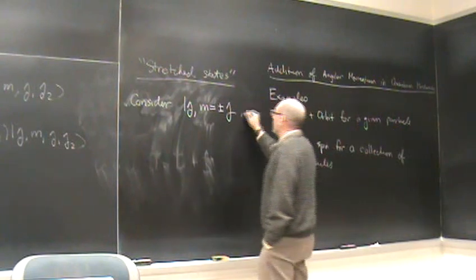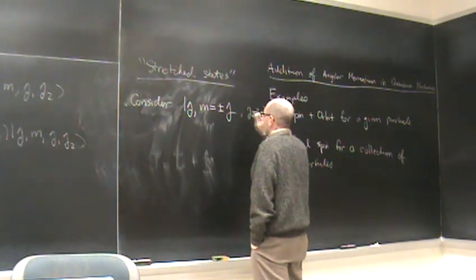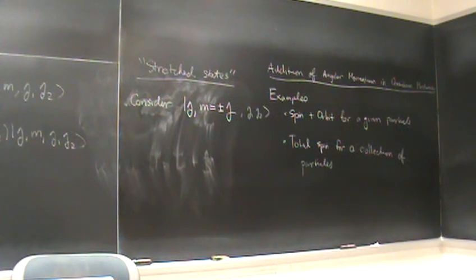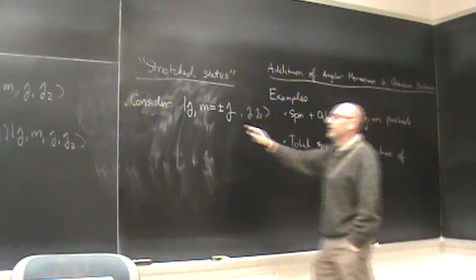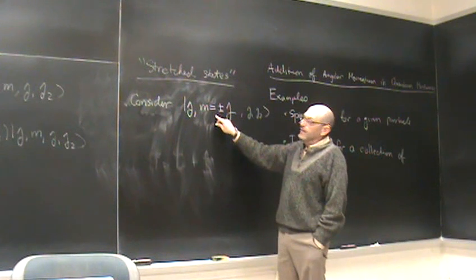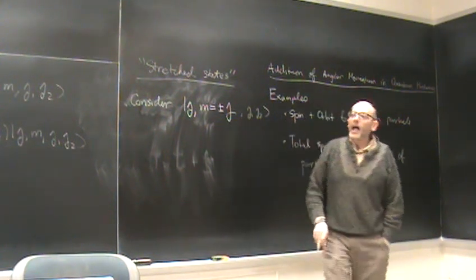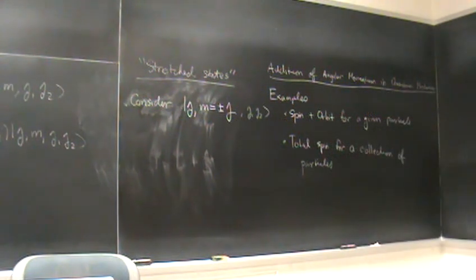Of course, J1 and J2 are always there in the background. They're fixed. Okay? This state can be expressed through the Clebsch-Gordan expansion as a superposition of product states.